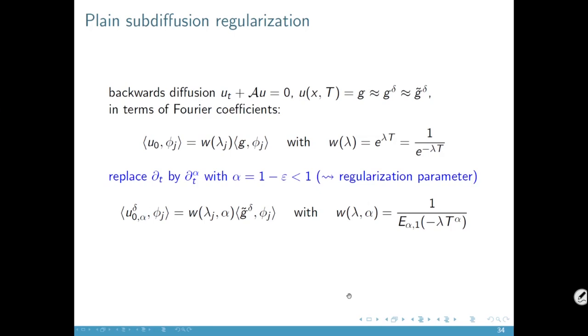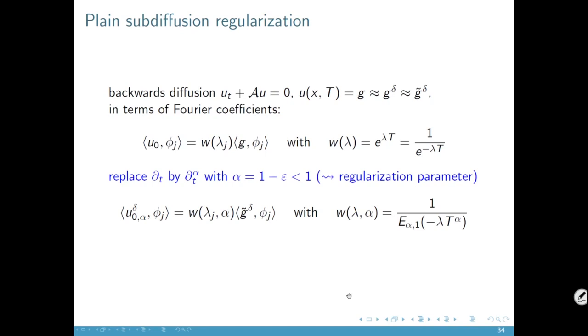So going back to that Mittag-Leffler function representation, what we want to do is regularization by using fractional derivatives. Since we want to approach the integer derivative by a fractional one, we want to make the difference between 1 and alpha small, so this is epsilon, and epsilon will tend to 0.